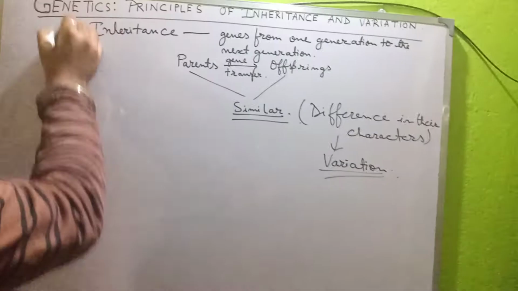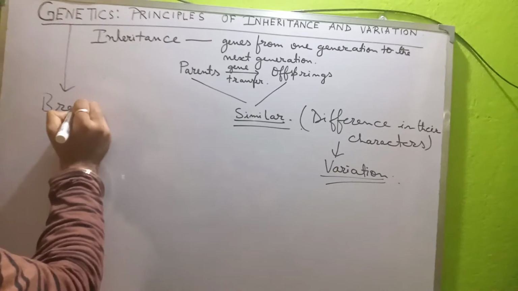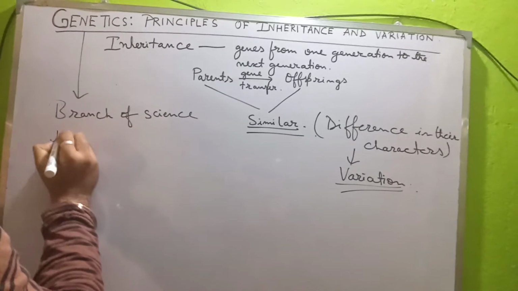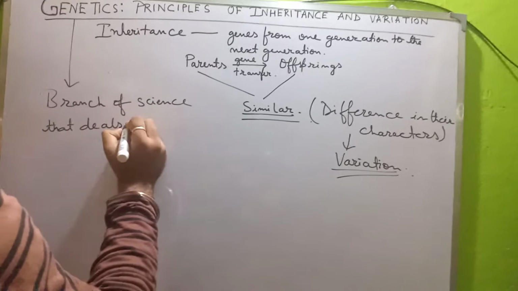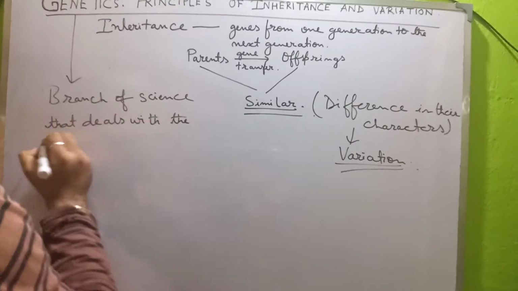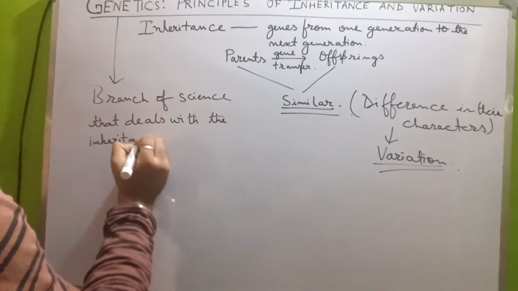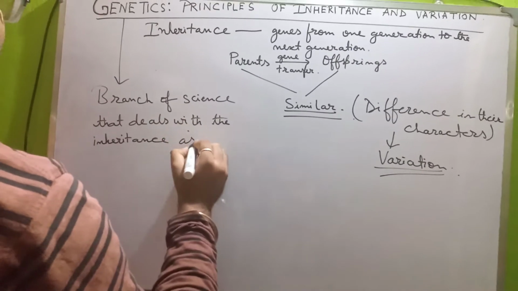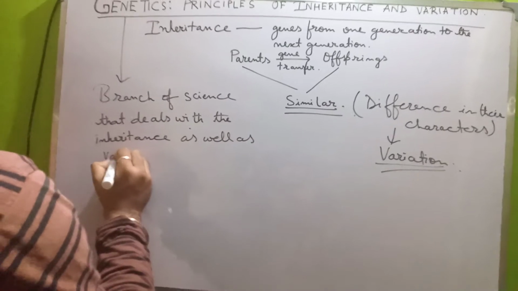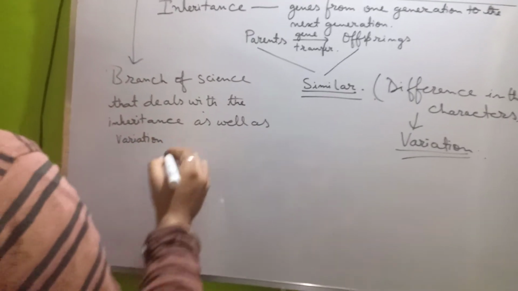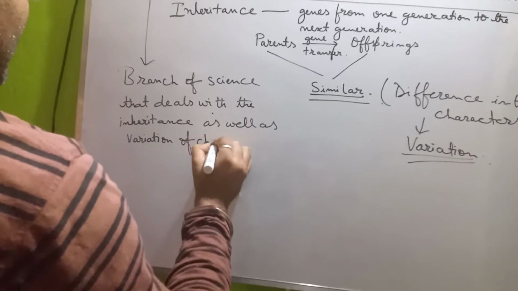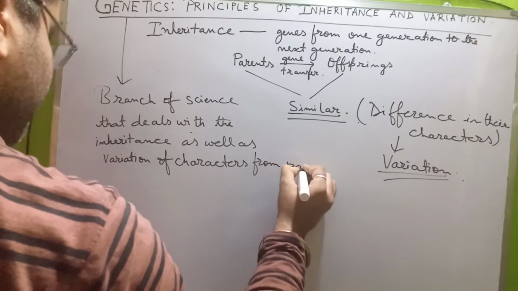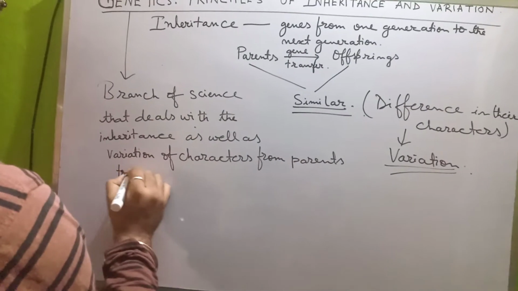So if I now ask you, what is genetics? It is the branch of science that deals with the inheritance as well as variation of characters from parents to offsprings.